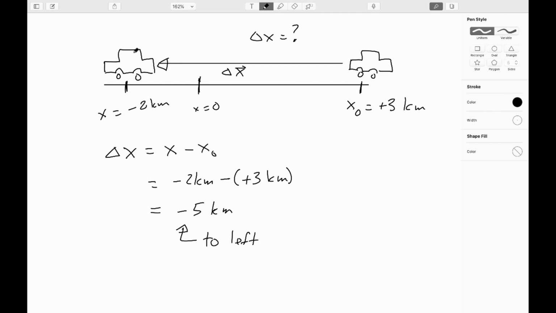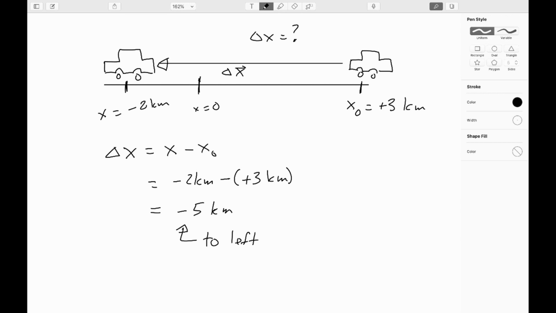And so a way to interpret displacement is to say that it is the recipe for how to go in a straight line from the initial position to the final position. So in this case, at some later time, this car ended up 5 kilometers to the left of where it started from.